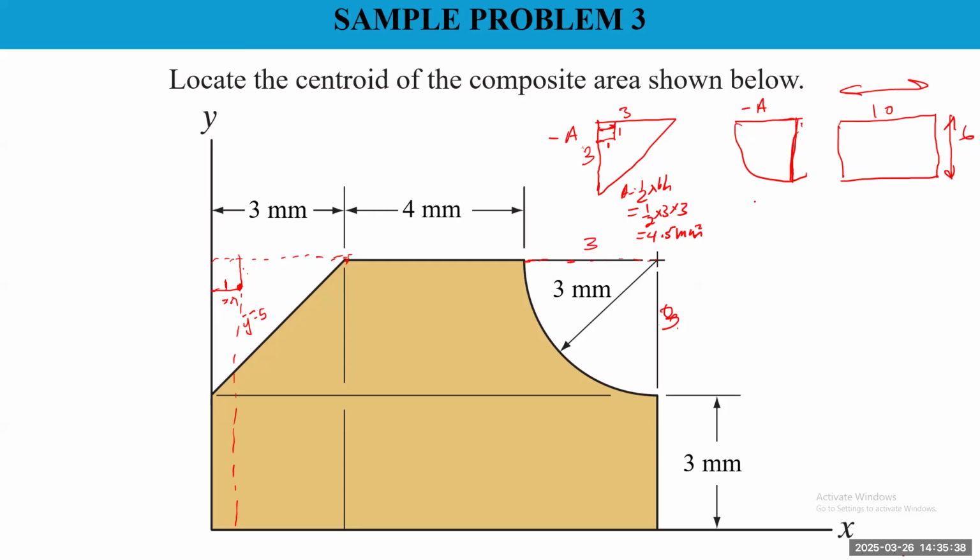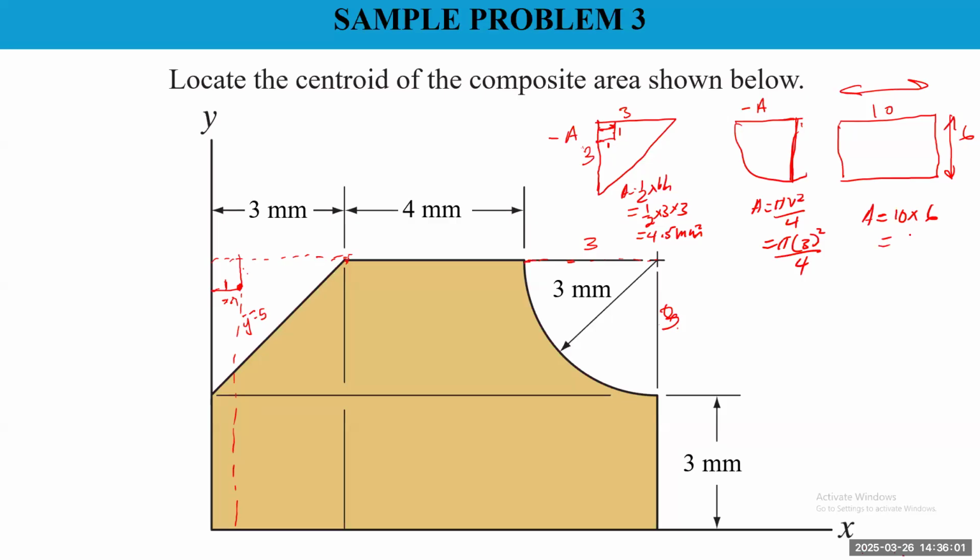And for this one, it's a quarter area of a circle. So it's pi r squared divided by 4. So it's pi times the radius, which is 3 squared, upon 4. And this one, of course, is the easiest one. It is length times width, or length times height, whatever you want to look at it from a pictorial sense.